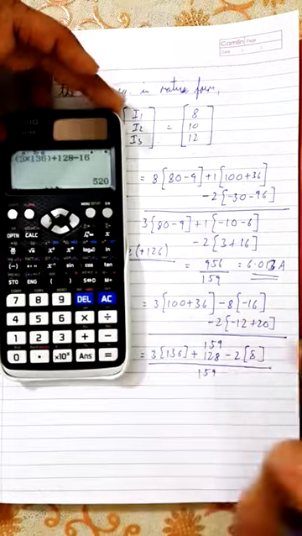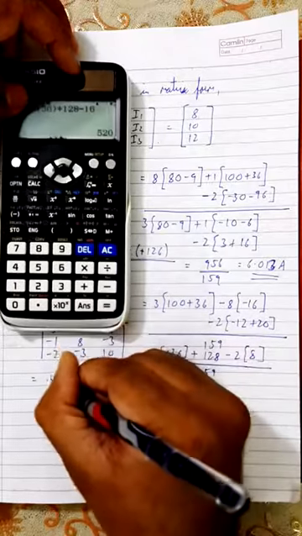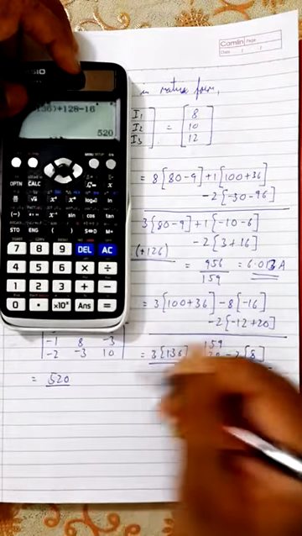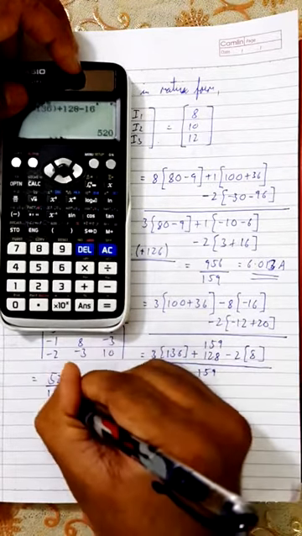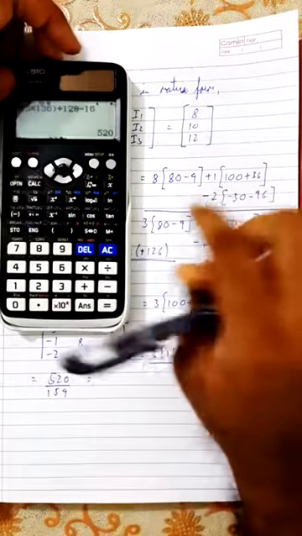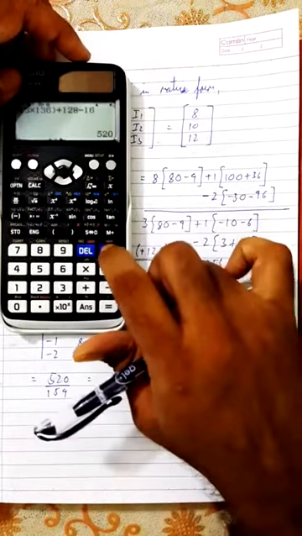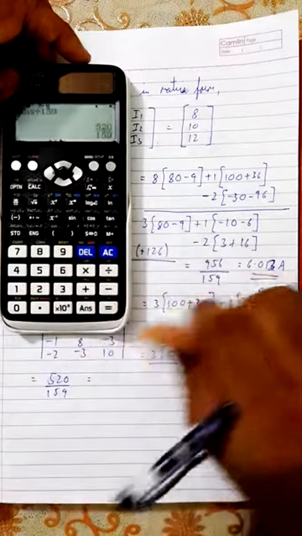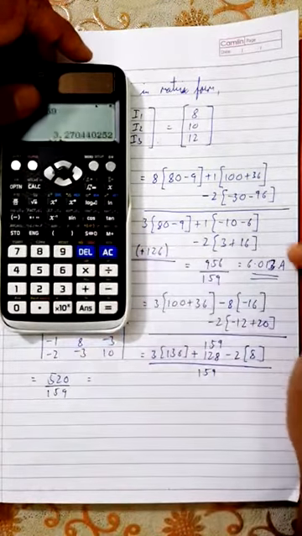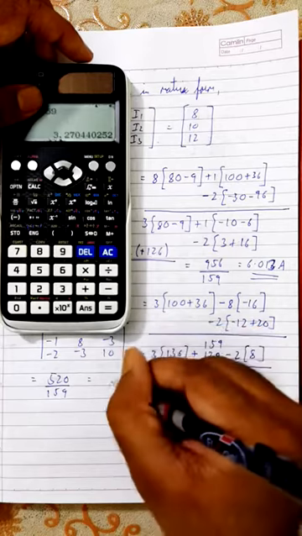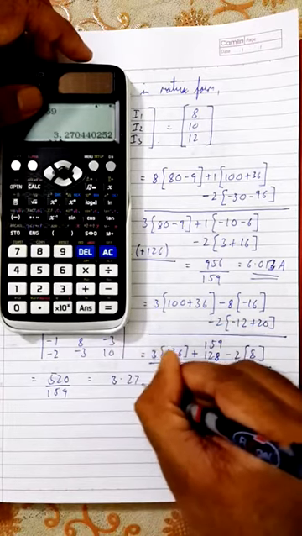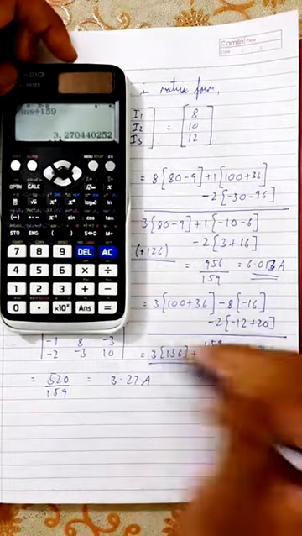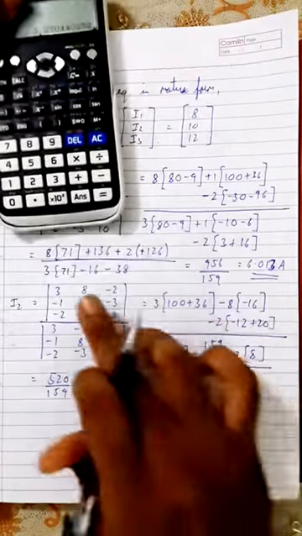This is 520, so we have 520 divided by 159, and you will get 3.27 amperes. Okay, so I found the value of I2.